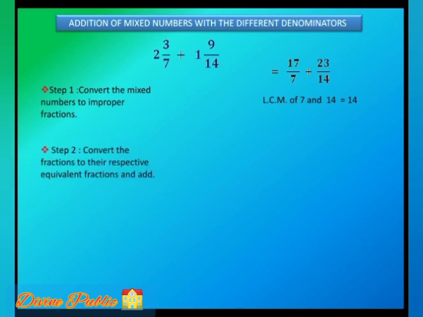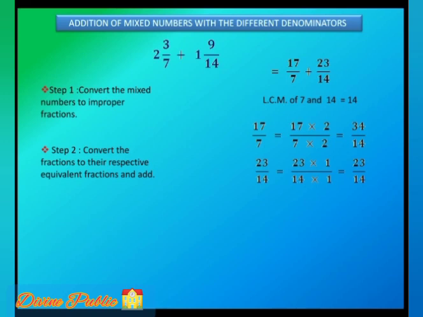Now convert the fractions into their respective equivalent fractions and then add. So 17/7 is equal to 34/14, and 23/14 is equal to 23/14 as it is.